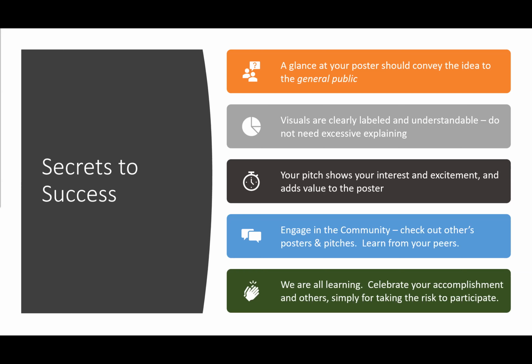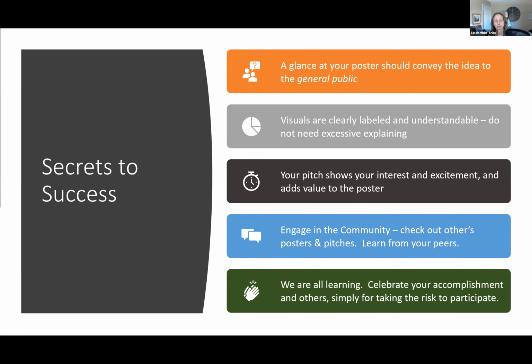So, secrets to success. We're almost to the end of this particular part and into public disclosure. A glance at your poster should convey the idea to the general public. Hopefully all of you know that your visuals should be clearly labeled.